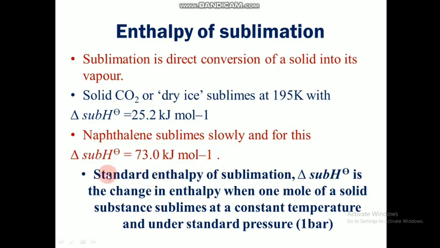That we will see. Before that, the definition: standard enthalpy of sublimation is the change in enthalpy when 1 mole of solid substance sublimes at constant temperature and standard pressure. Under standard conditions, the energy needed for sublimation is known as the enthalpy of sublimation.